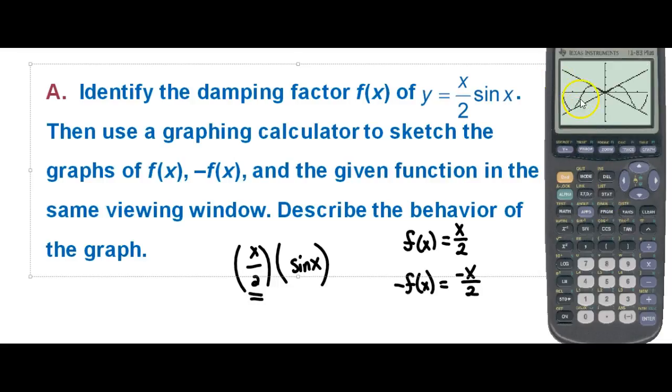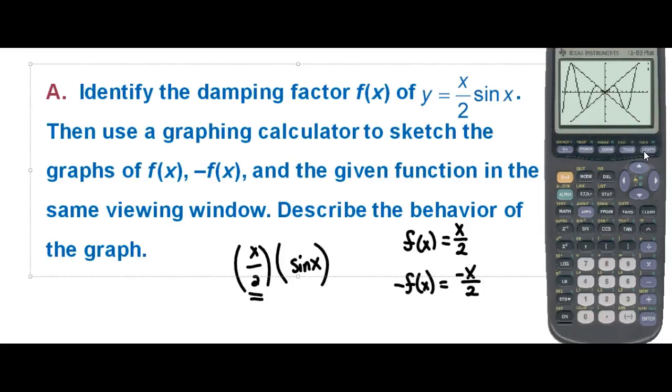It gets smaller and smaller amplitudes as we come in here, and then the amplitudes get bigger and bigger again. It turns out that negative 10 and positive 10 give me a little bit better window for you to see that. So let me try that real quick and look at the graph again. As you can see, the sine graph is essentially stuck in between those two lines.